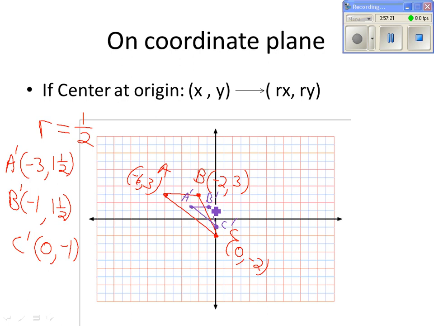The reduction was 1/2. That means for every 1 unit in the new shape, there were how many units in the old shape? 2. All right, so 1 to 2. What if I gave you a scale factor of 7 to 9? 7 units compared to 9 units.